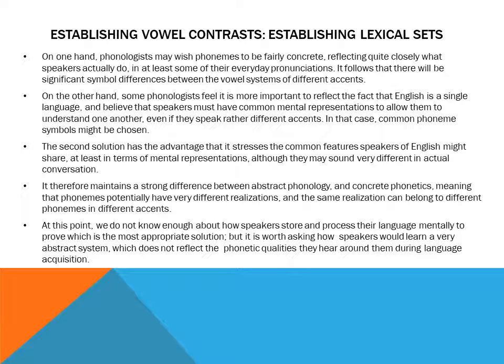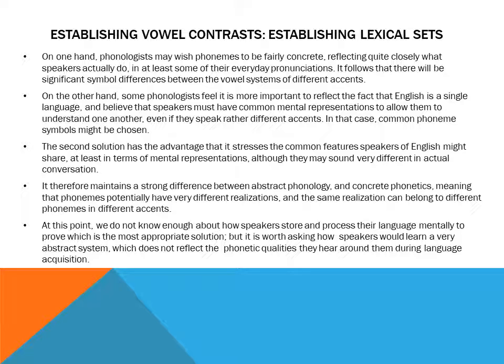The second solution has the advantage that it stresses the common features speakers of English might share, at least in terms of mental representations, although they may sound very different in actual conversation. It therefore maintains a strong difference between abstract phonology and concrete phonetics, meaning that phonemes potentially have very different realizations, and the same realization can belong to different phonemes in different accents.